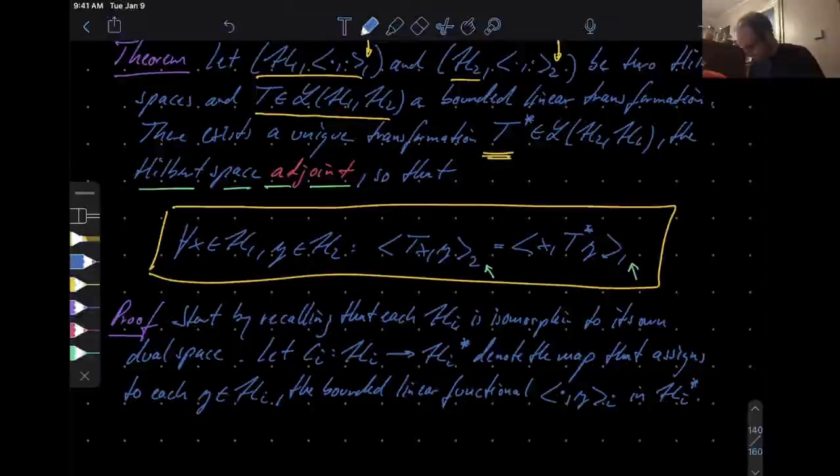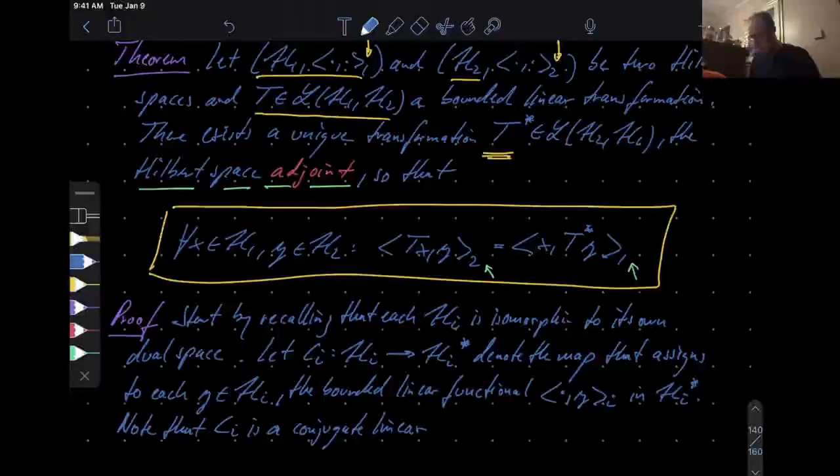So note that, actually, recall that C sub i is conjugate linear. So linear is clear what this means. Conjugate linear means that if you look at linear combinations, the scalars in general get complex conjugate bars on top, and that's simply because the y here appears in the second entry.